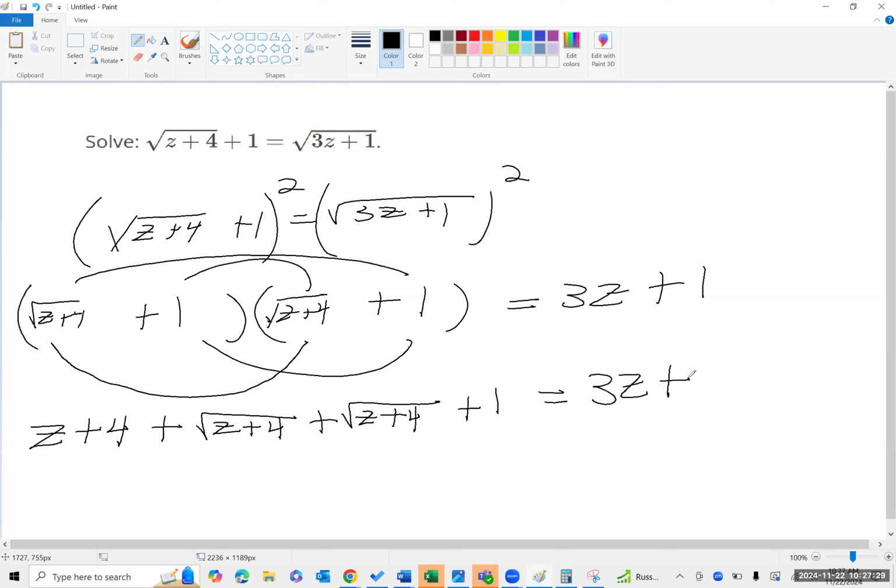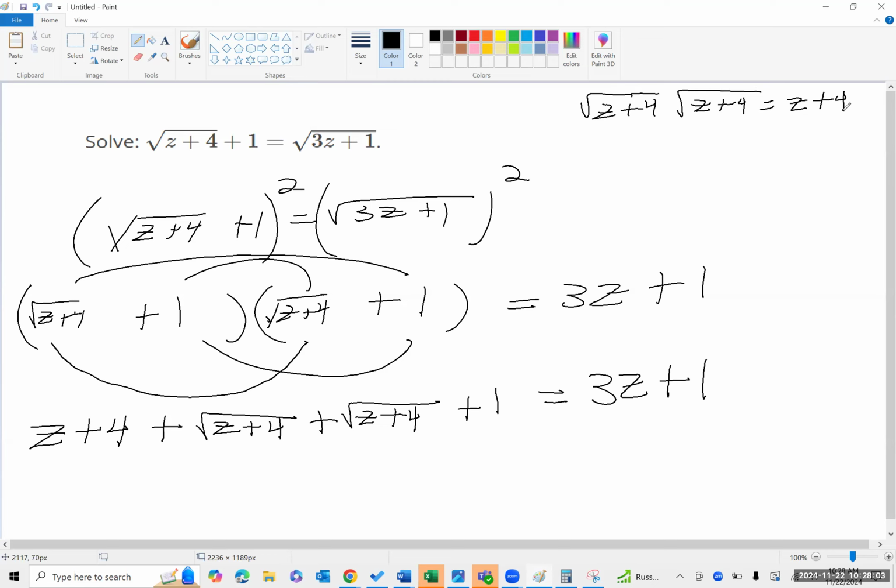So you basically just have to follow the distributive property, and the FOIL acronym helps us keep track of that. And maybe the hardest thing, if anything, to understand is why the square root of z plus 4 times the square root of z plus 4 is z plus 4.